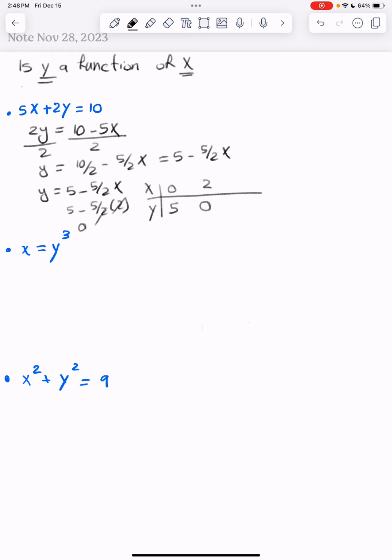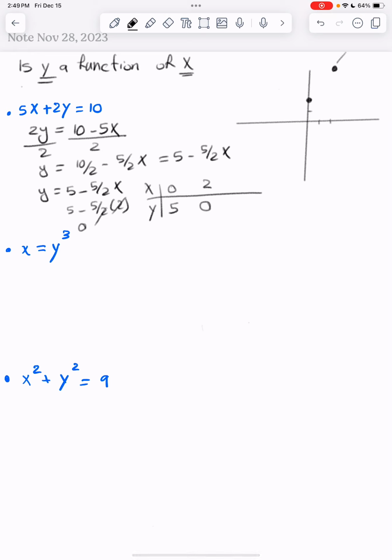And for graphing a line, you only need 2 points, right? So let's put the graph here. x is 0, y is 5. For x equal to 2, y is 0, let's say like here.